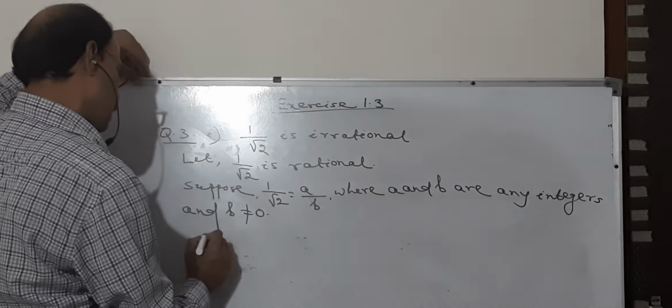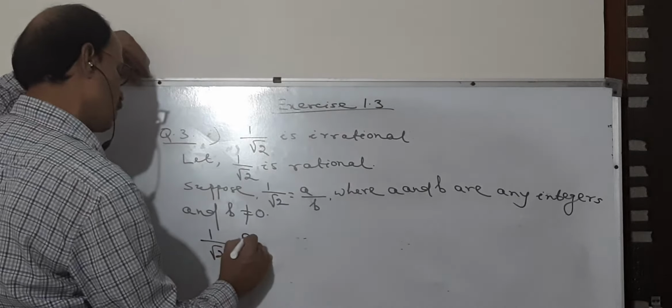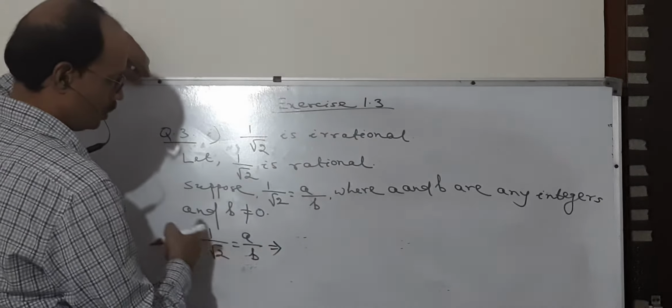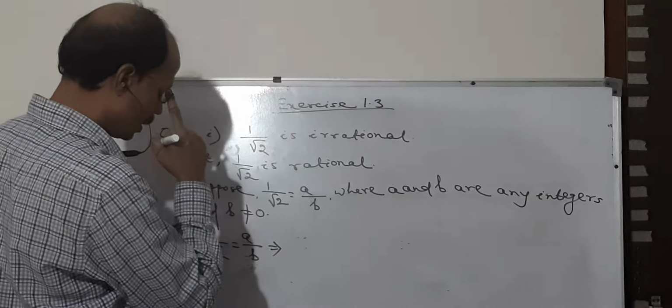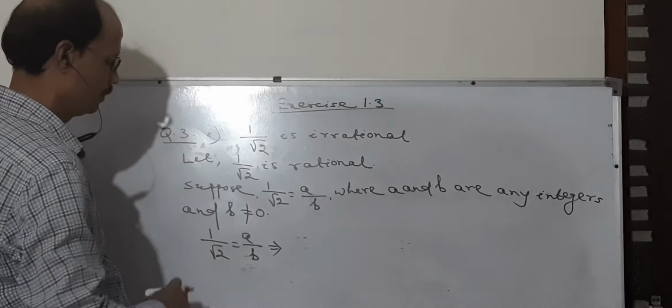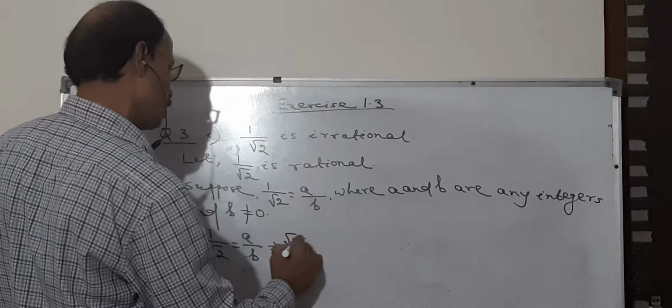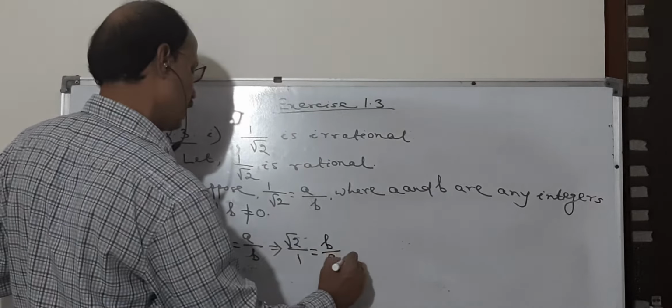So let's write it again. 1 upon root 2 is equal to a upon b. So just do cross multiplication. Otherwise just take the reciprocal. Reciprocal means root 2 upon 1 is equal to b upon a.